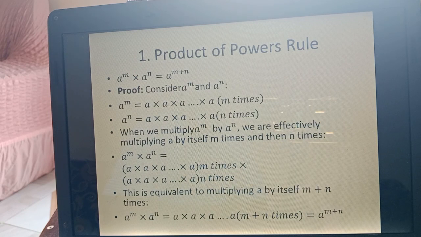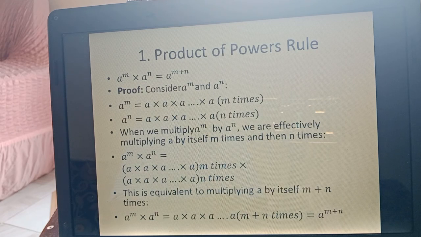Just consider a general case of a raised to m. So the meaning of a raised to m means a times a times a times a, m times. And a raised to n means a times a times a times a, n times.